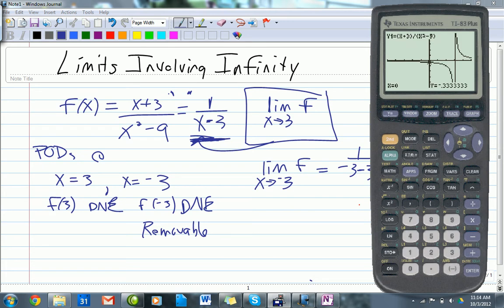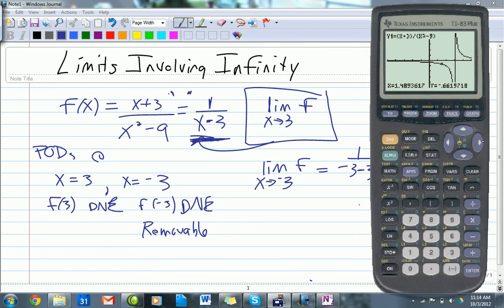I already did graph it, because this is the third time I've made this video. Here's my rational function, the quantity x plus 3 divided by the quantity x squared minus 9. What's happening here as x is approaching 3? I'm going to approach 3 from the left, and our y value is going to start heading southbound.